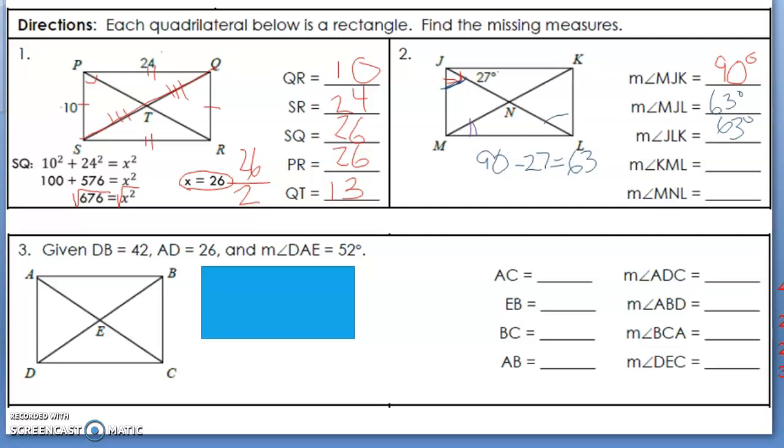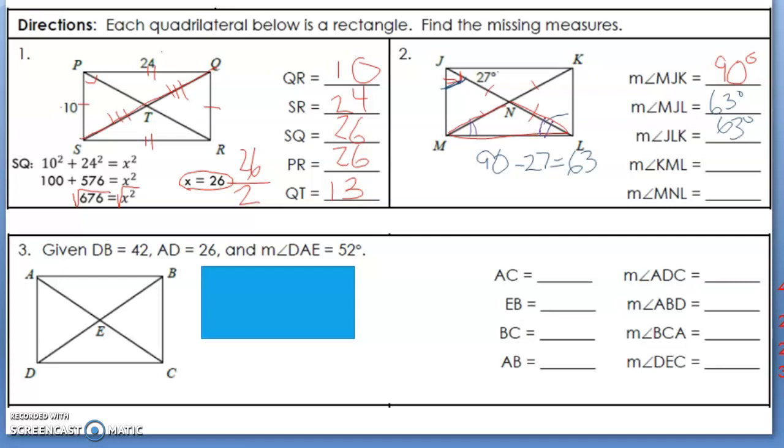Well, currently, that angle is in this bottom triangle. And because the diagonals bisect each other, and they're the same, really these pieces are all the same. So that bottom triangle I'm highlighting, triangle MNL, is an isosceles triangle. So angle KML is a base angle, and so is JLM.